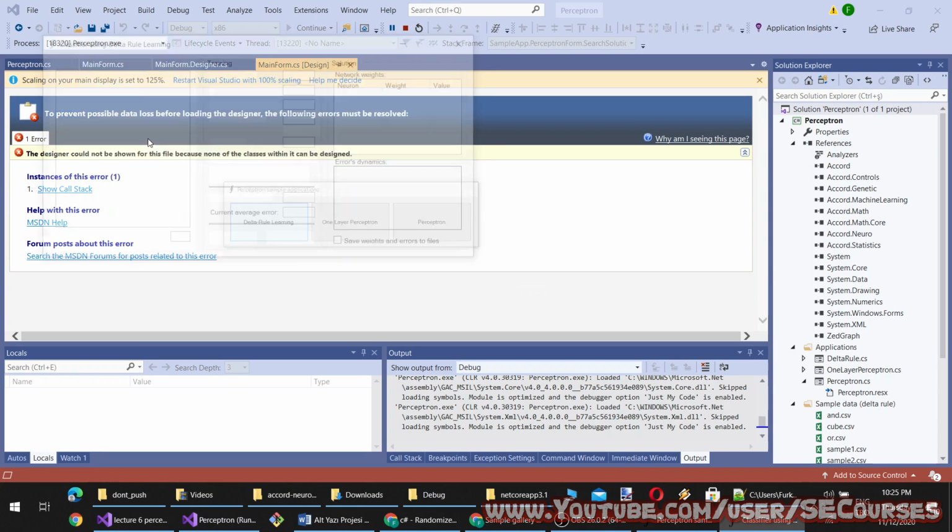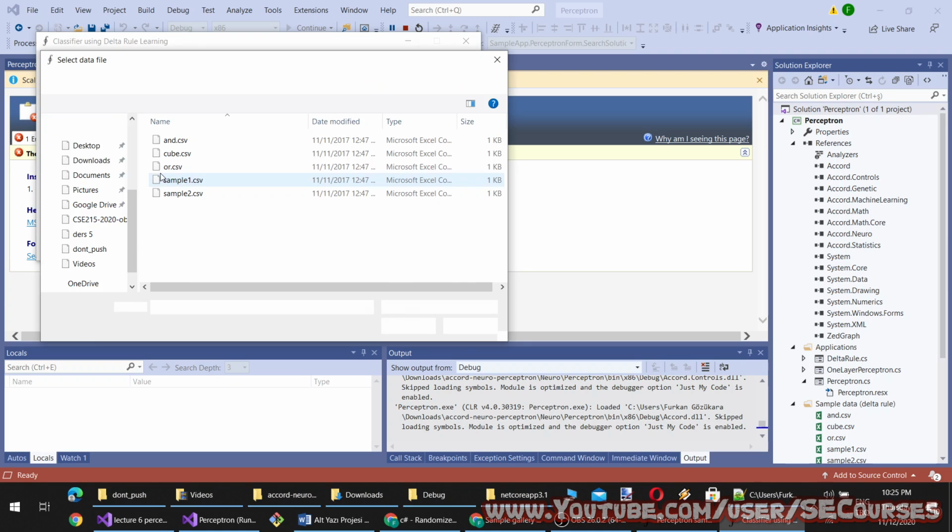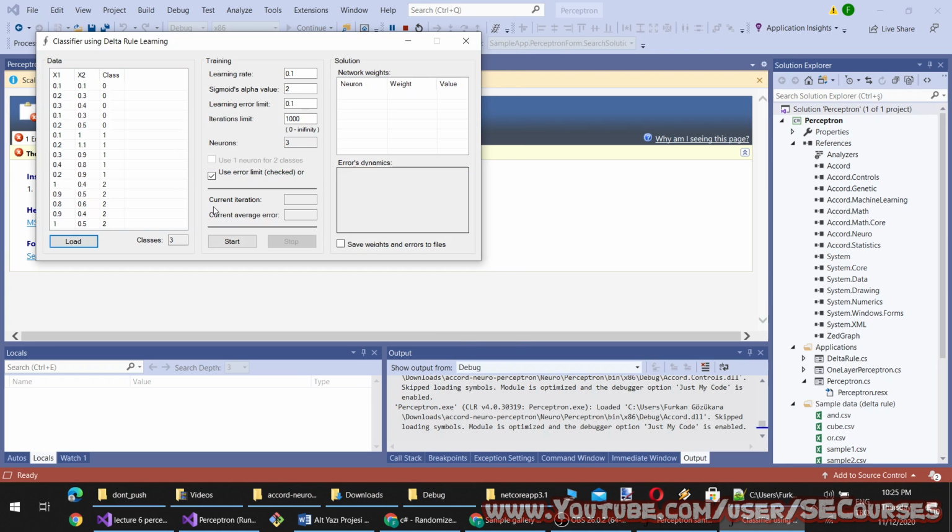One layer, perceptron delta rule. Okay, it says number of classes. There is sample 1. Number of classes 3.